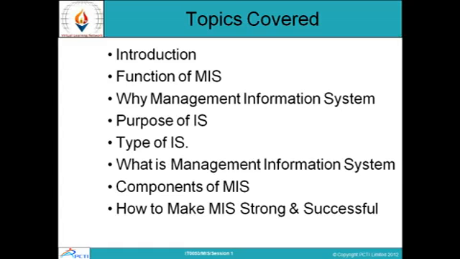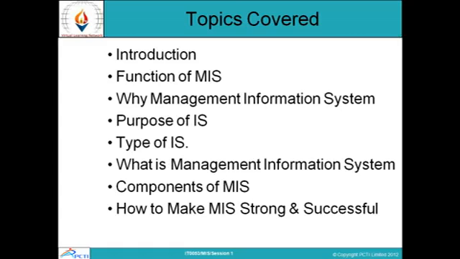Today we are going to cover different topics like introduction, function of MIS, why Management Information System, and what is the purpose of information system. Then in the further part of the session we are going to cover the types of information system, and what exactly management information system is.